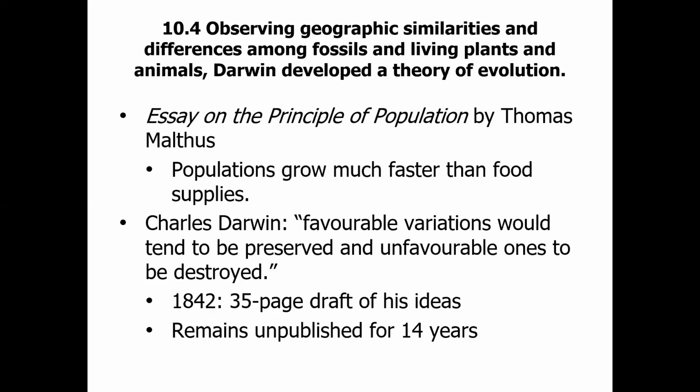And ultimately, different factors will control that population. Charles Darwin's big idea at the time was, in his words, that favorable variations would tend to be preserved and unfavorable ones tend to be destroyed. What that means is that for any given population, there are winners and there are losers.